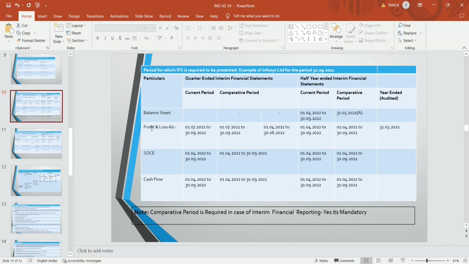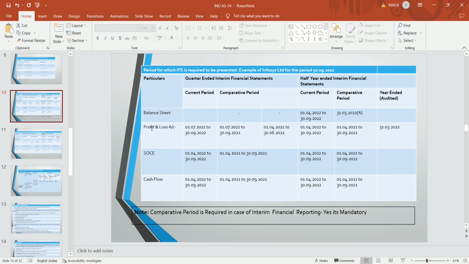The profit and loss account is to be prepared for 3 months and 6 months. The quarter ended interim financial statement is for the relevant quarter of this period, meaning the current 3 months of this half year period.